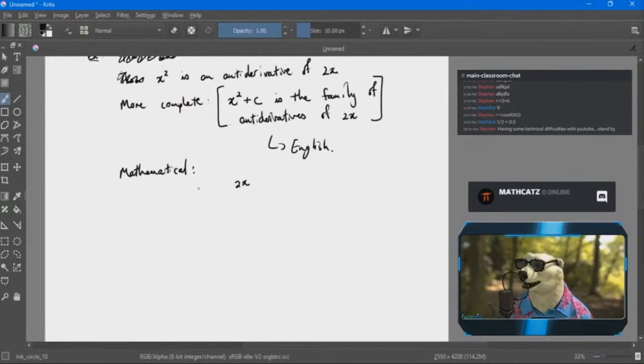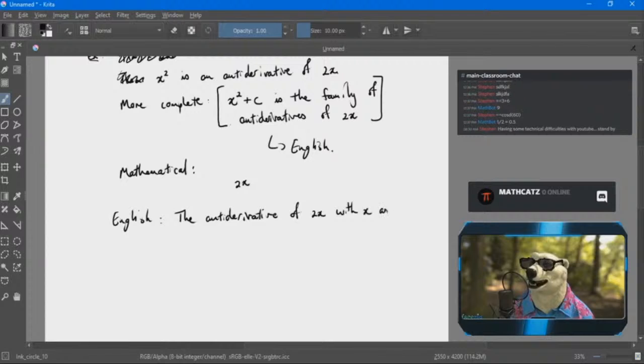But instead of saying the antiderivative of 2x, let's have a little sentence here to have the order exactly the same. The family, but I'll just say antiderivative of 2x, with obviously x as the variable, is x squared plus c. That's our sentence we were trying to translate. And I want to emphasize that this is simply a translation.